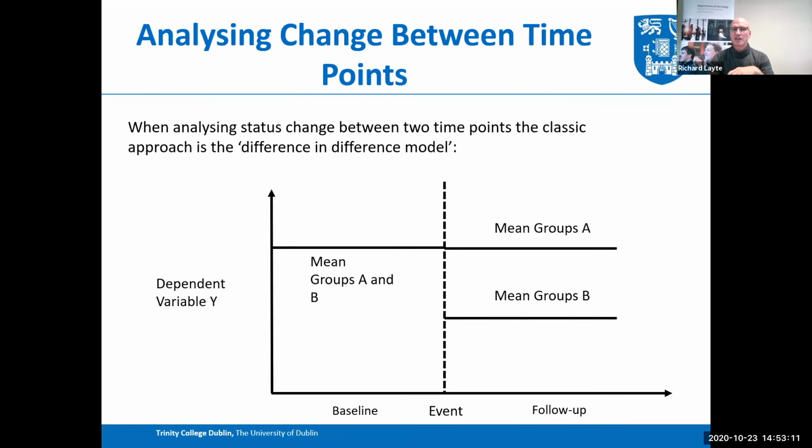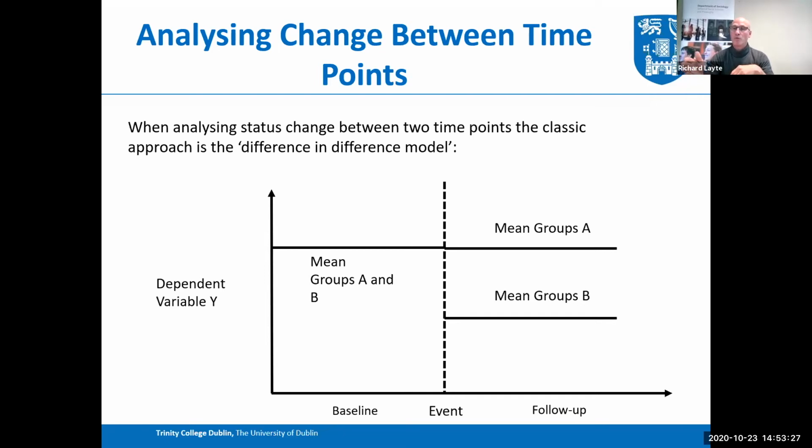And the idea here is that you've got a difference over time between baseline and follow-up, but you've also got a difference between groups that you're interested in. And that's why it's a difference in difference model. And the idea here is that something happened between baseline and follow-up.